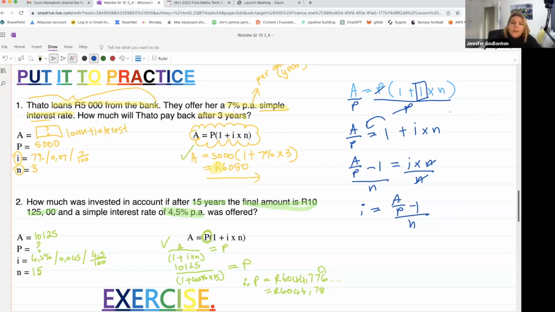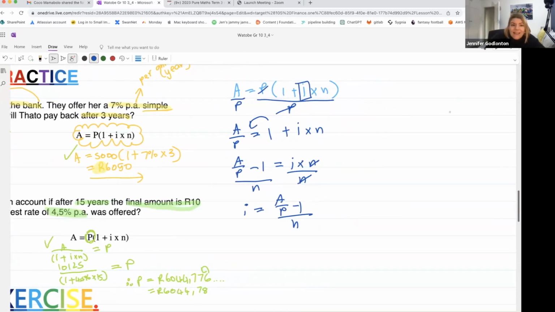Okay. If we were looking for N, it's actually very, very similar to what we've just done. It's just going to be slightly different, but it's almost identical. So I'm going to write it right next to it like this. First step, we would do the same thing. We would divide by P, and we'd be left with 1 plus I times N. Next step, we'd minus 1.